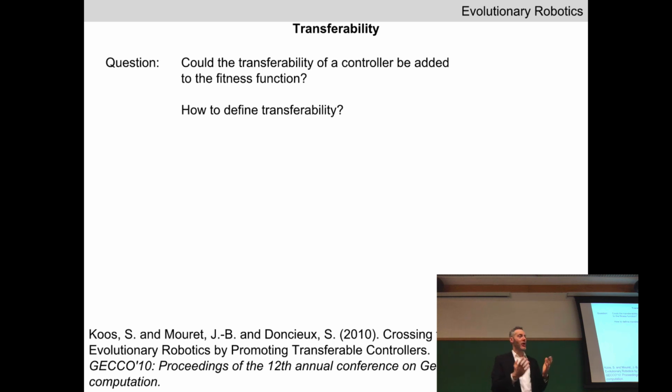That question, as always, raises 10 more questions, which is, how would we actually define transferability? So before we go any further, how might you define transferability? If I give you a controller and ask you to tell me how transferable it is, give me back a number, how would you calculate that number?